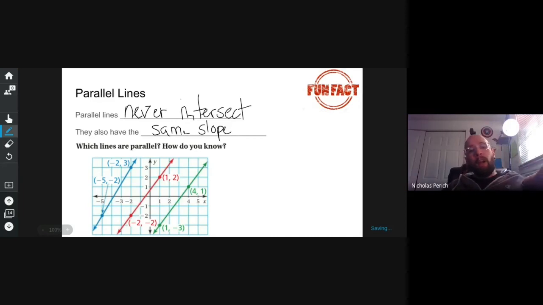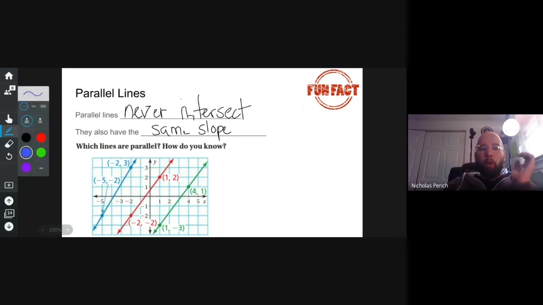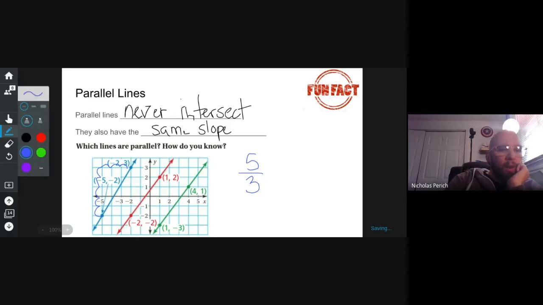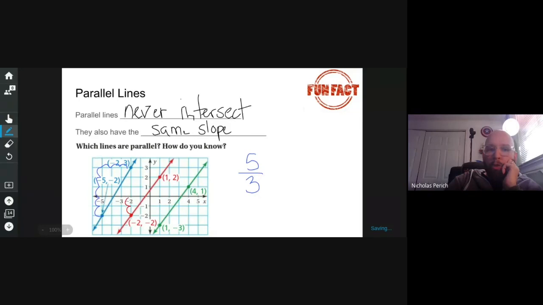So how can I find out which lines here are parallel? Why don't I just find the slope of all of them quick? These are all positive slopes. So if I go to the blue one, I start at that dot and I go up 1, 2, 3, 4, 5, and I go over 1, 2, 3. So blue is 5 over 3. If I wanted to find the red slope, I go to a dot and go up 1, 2, 3, 4, go over 1, 2, 3, and the red slope is up 4 over 3.